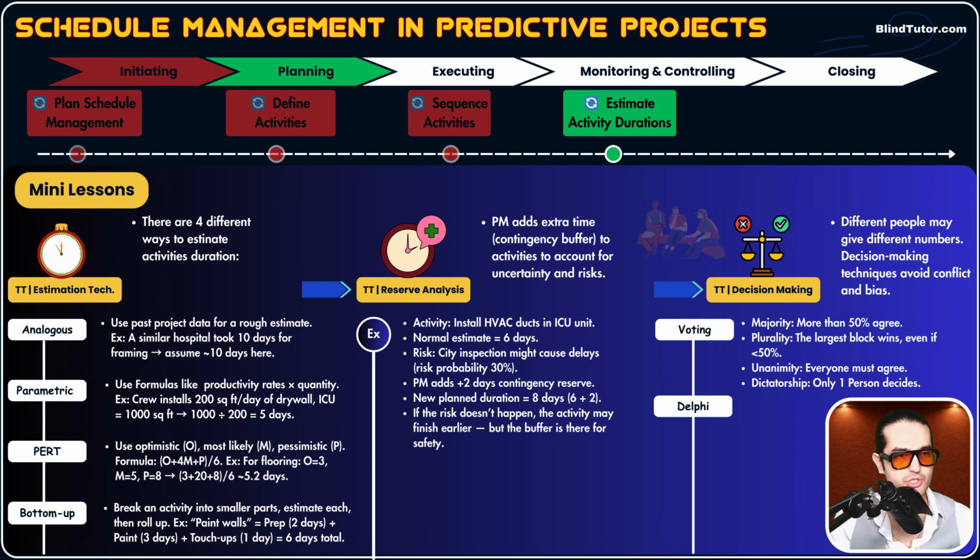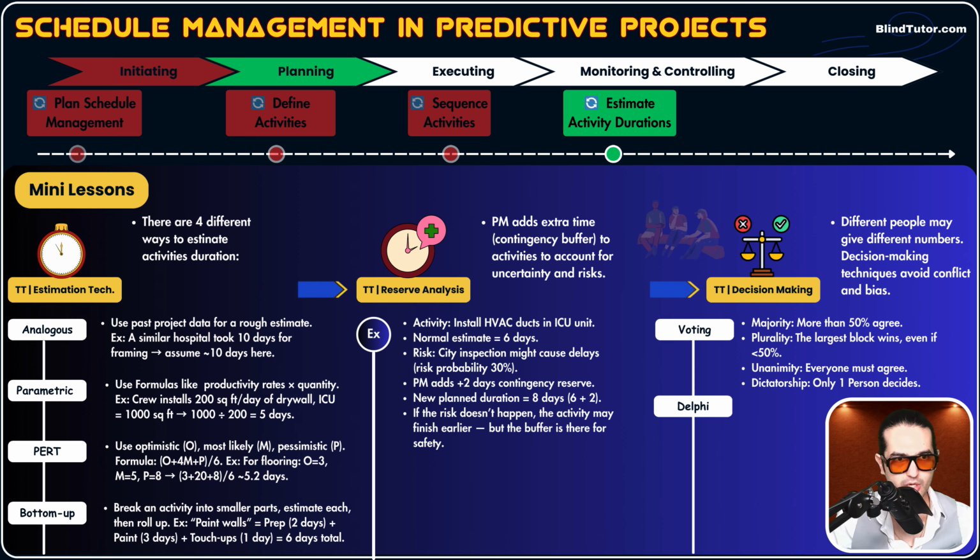What's majority, guys? Majority means more than 50% of the people who are decision makers in that meeting agree about the duration. For example, we have 3 people in a meeting. 2 of them say, let's assign 5 days as the duration of this activity. One person says, no, let's assign like 7 days.